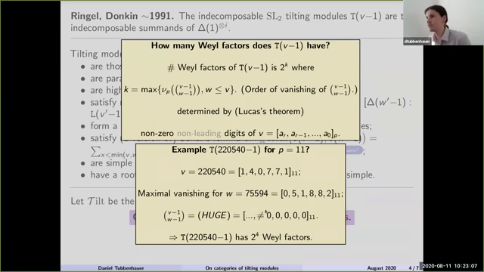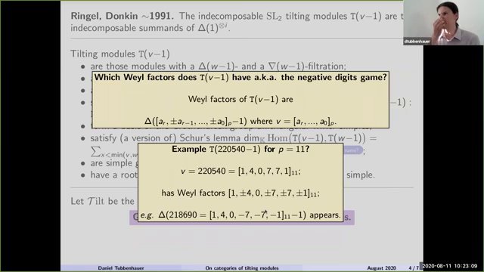Okay, good. And this NEG is a negative digit game. I can actually use exactly the same strategy to figure out what kind of Weyl factors I have. So I'm using here my strategy, and just write it down. And the Weyl factors that appear are exactly inverting the non-zero digits. For instance, this one will appear.